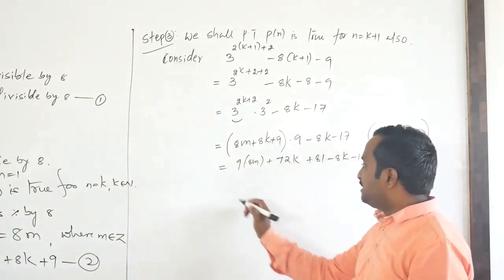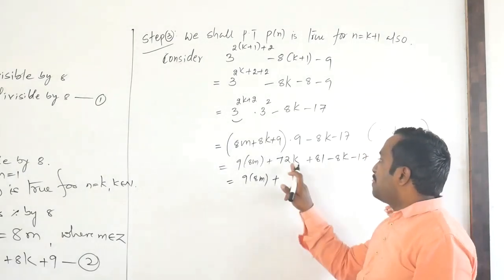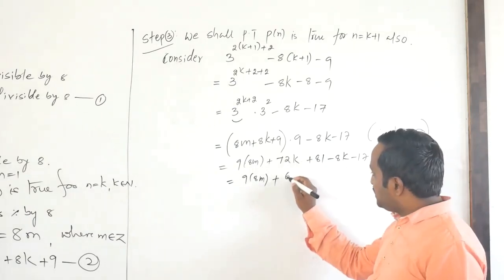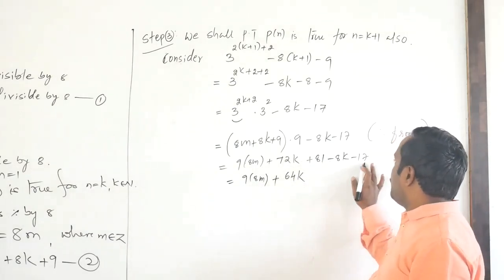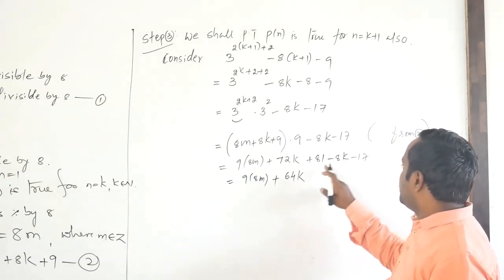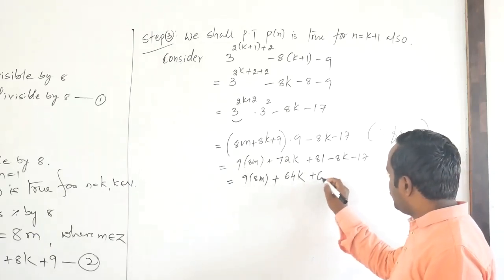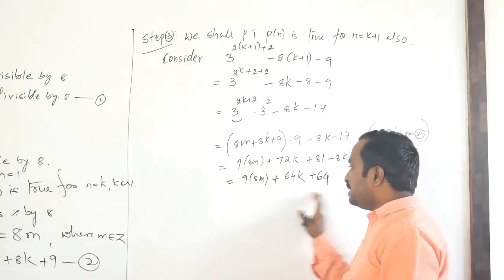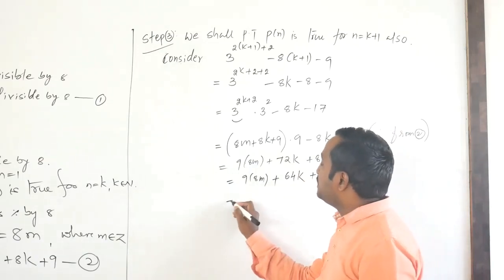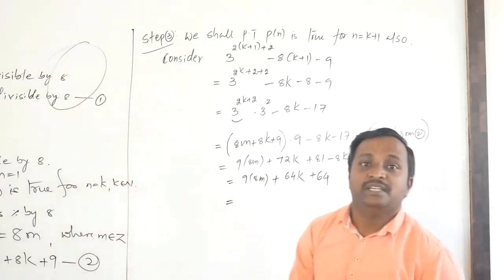Simplify the same way: 9 into 8m, and k: 72 minus 8 is 64k, and 81 minus 17 is 64. In all of these, 8 is common: there is 8 in this, 8 in this, 8 in this. Why take 8 common? Because we have to show that it is divisible by 8.